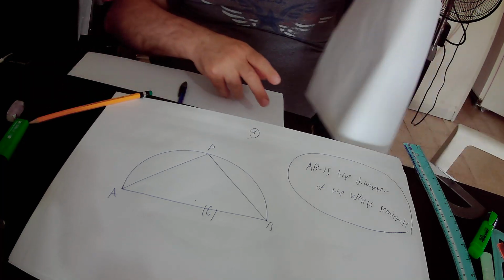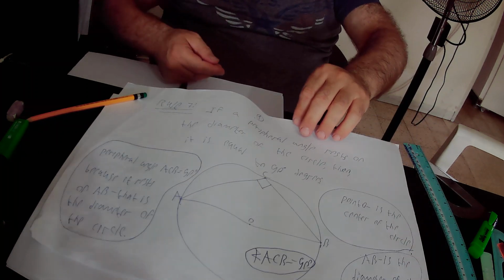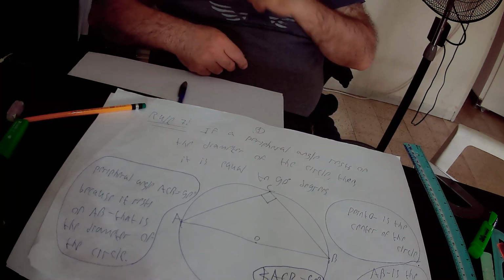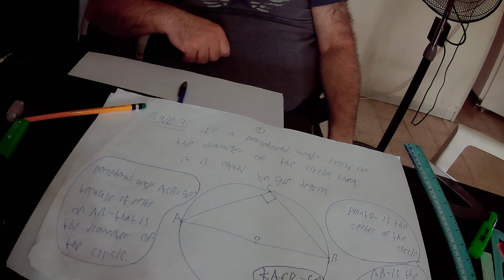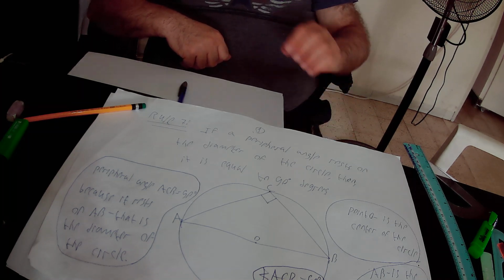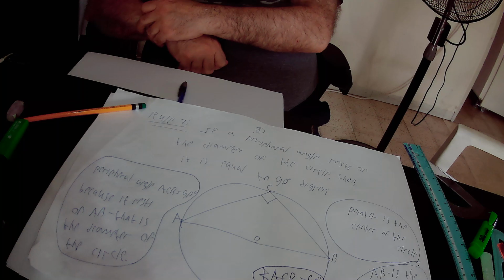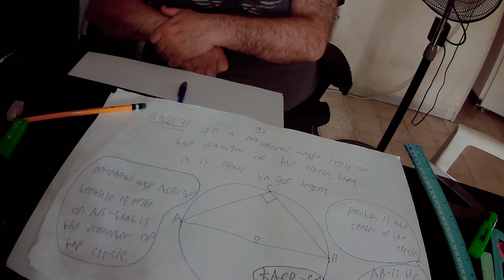I'll repeat quickly rule 7. According to rule 7, if a peripheral angle is subtended on the diameter of the circle, then it equals 90 degrees.